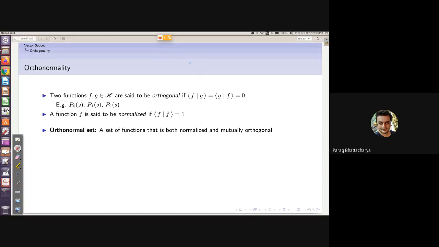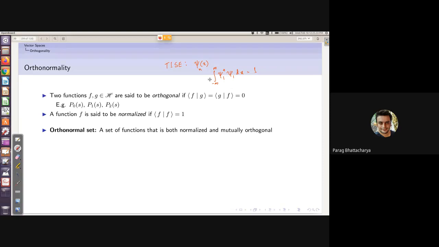For instance, if I take the time independent Schrodinger equation, we have many eigenfunctions, let's say. So we have, let's say, psi n, these are different eigenfunctions. So if I take the integration from -infinity to +infinity of psi1 star, psi1 dx, what will this be? This will be equal to 1.